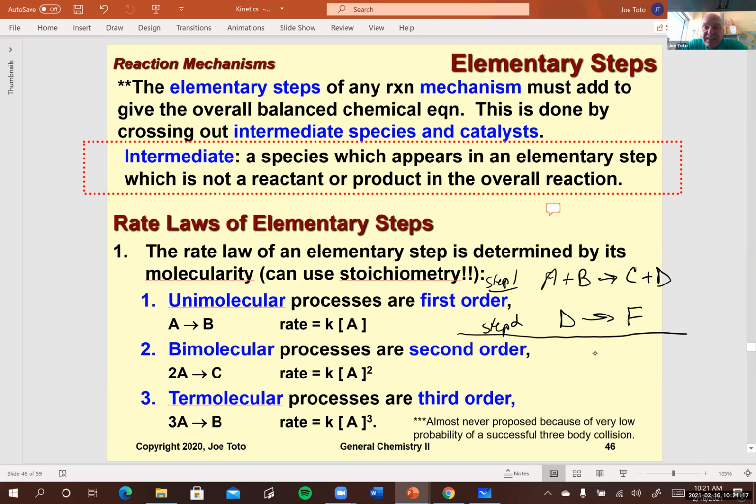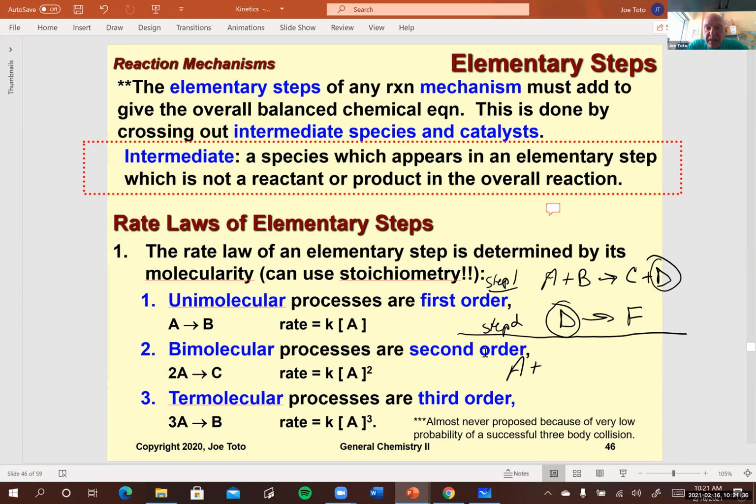I see that D was produced and also consumed. And the overall reaction that this was supposed to describe, oh, I screwed up something there. Okay, we're back. Looks something like this.